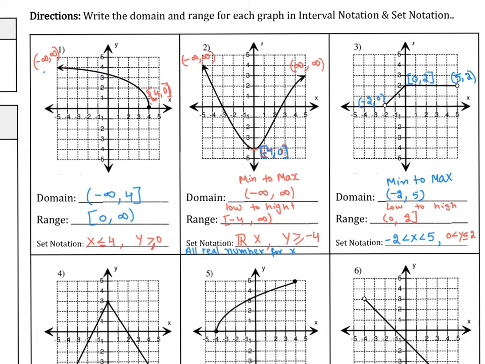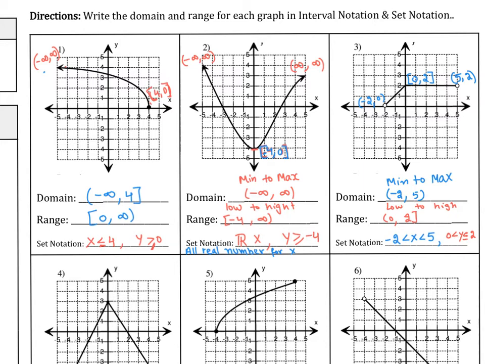So the lowest value of the graph is 0 and the highest is 2. There is the same number here and here, but we are going to use the one that is a close bracket. So it's going to be 0 comma 2 because it includes 2. This one does not include 2, so this one has more points than this, so 2, and it's a closed bracket.